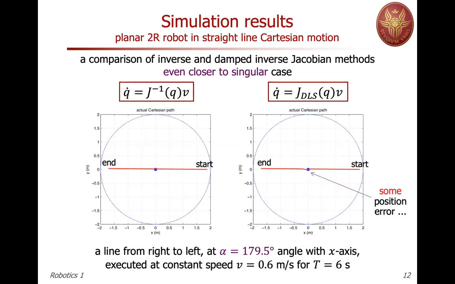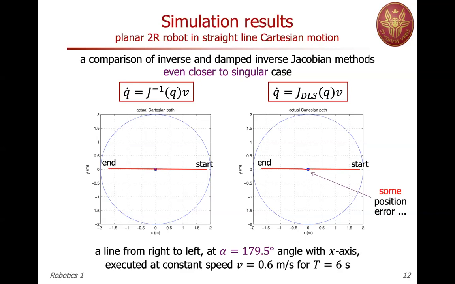You see that when you're inverting the Jacobian, full stop, you're not considering the joint velocity limits, so you assume that you can implement whatever large joint velocity you get, and you go straight on the path without doing any error. While with the damped least squares, you see some bumps around the origin, which means that for a short while, you get the wrong velocity, both in intensity and in direction, but then you recover.